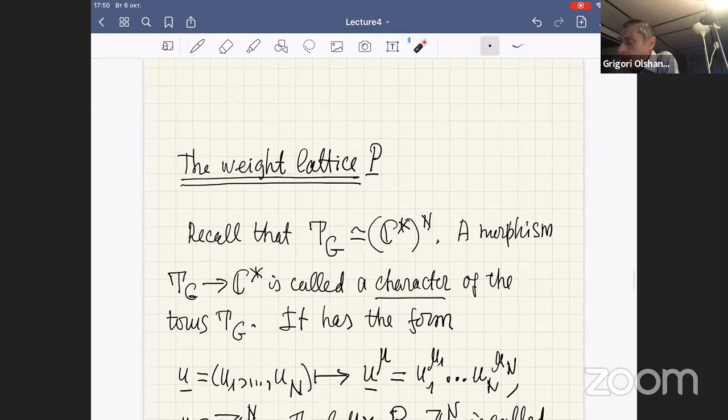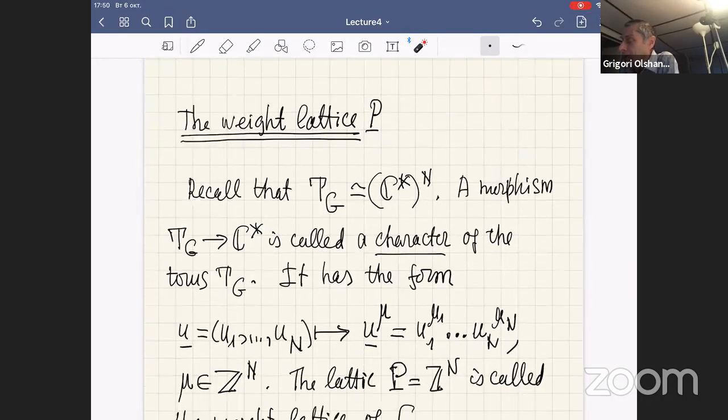Here again, one can use the term character, but here the character is understood in relation to the torus. A character of the torus is a morphism to this group, so it is essentially a complex analytic multiplicative function on this group, and it's called a character.